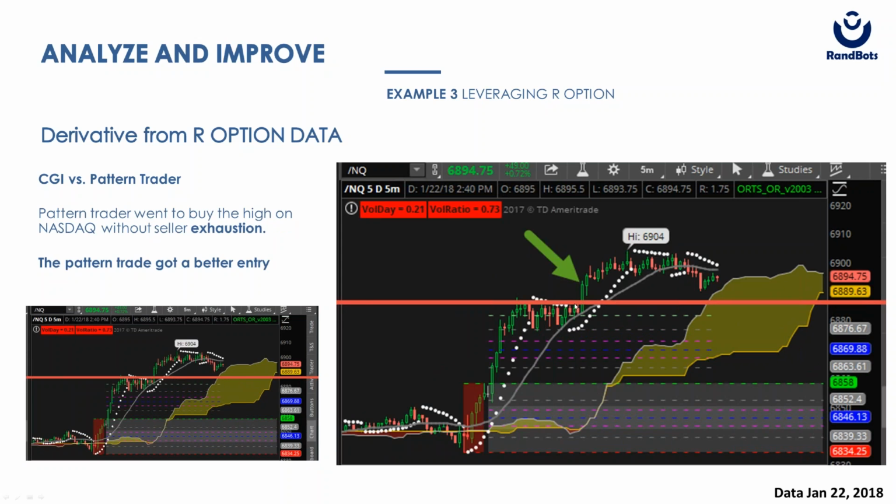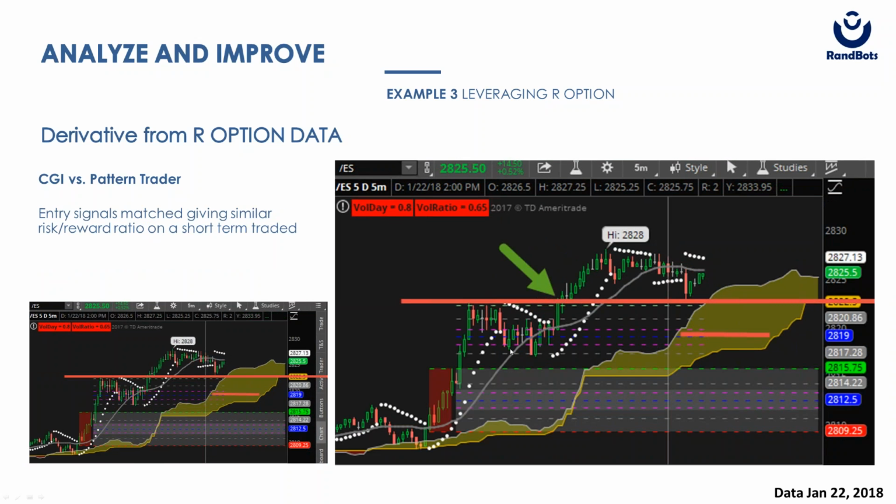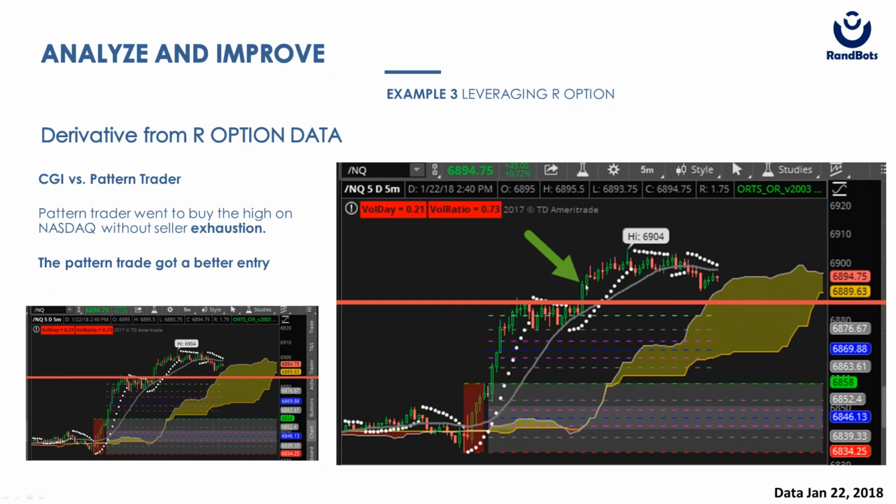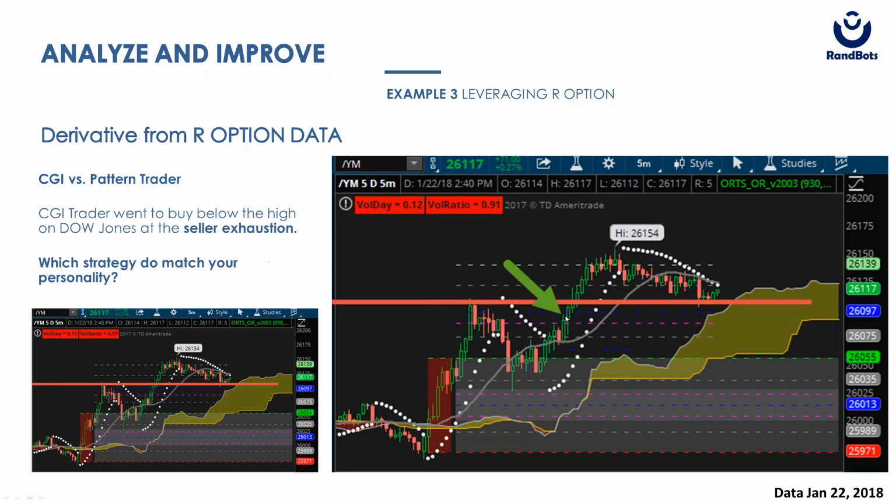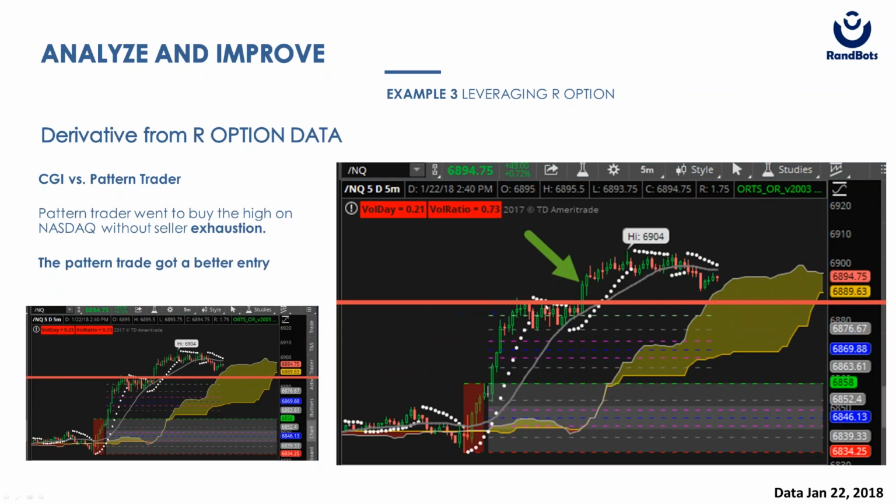This is what a chart trader or pattern trader would see. And the computer decided to trade the ES versus the NQ here, or to buy this high, this candle before the congestion. A pattern trader would see entering at the high of the day.